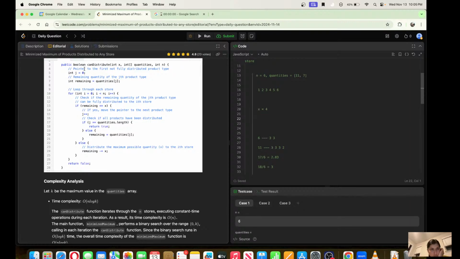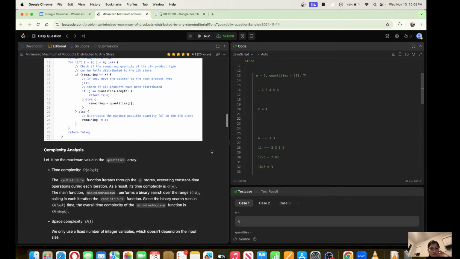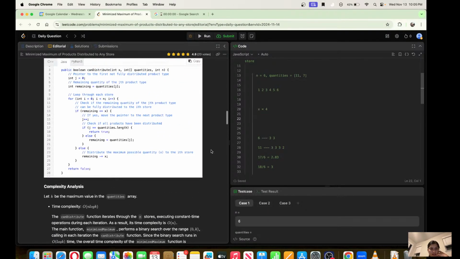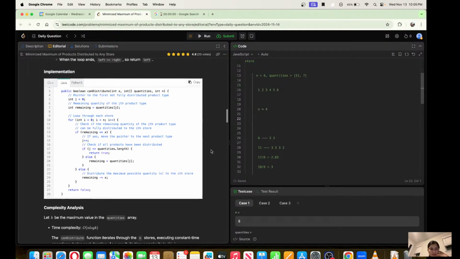We are looping through each store and checking if the remaining quantity of the jth product type can be fully distributed to the ith store, and if yes, move the pointer to the next product type. Check if all products have been distributed. Distribute the maximum possible quantity to the ith store. Okay, yeah, so this is how we can find that, and then use binary search to find the minimum max possible.